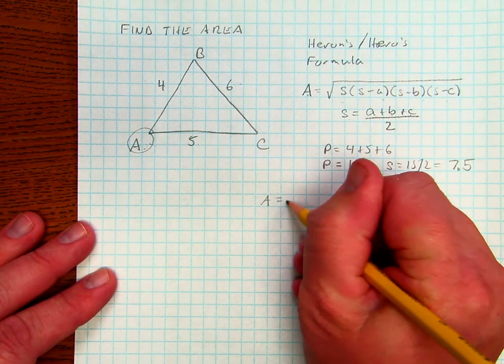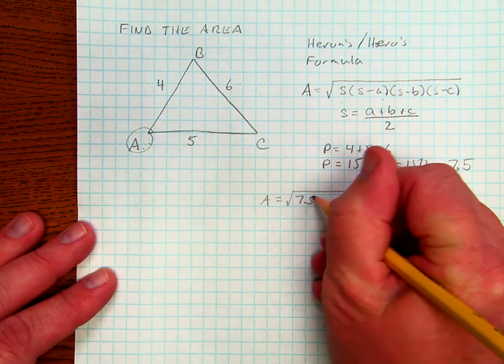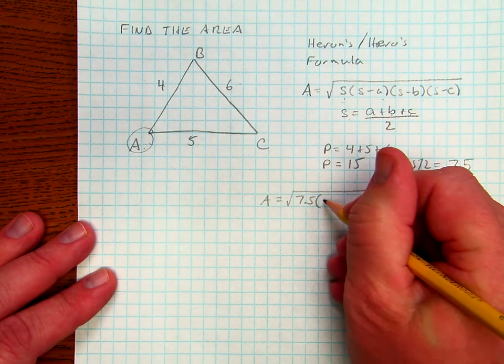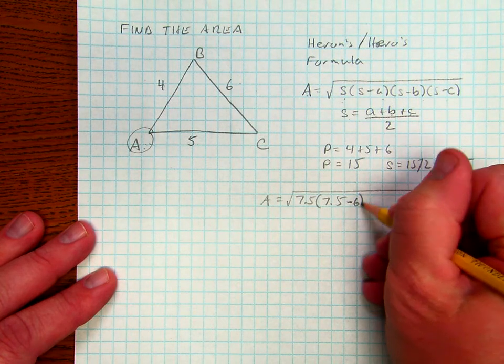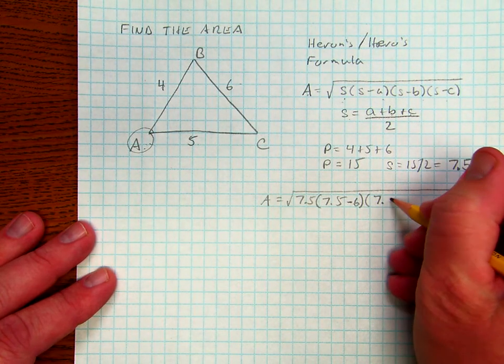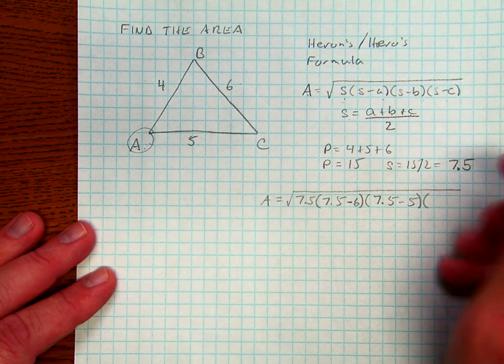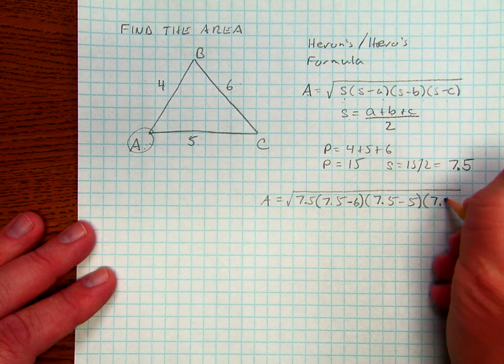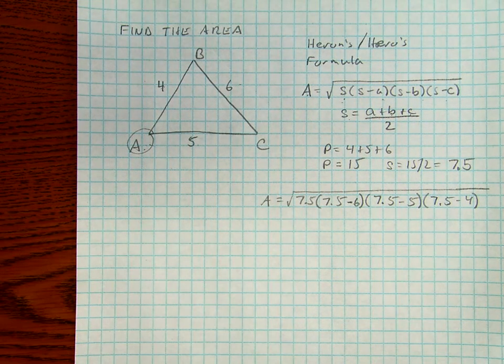So now, just plugging that into the formula, we have 7.5 for the S, and 7.5 minus the A, 7.5 minus the B, 7.5 minus the C.